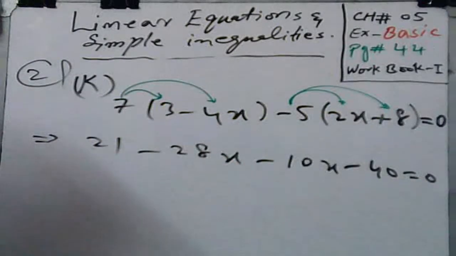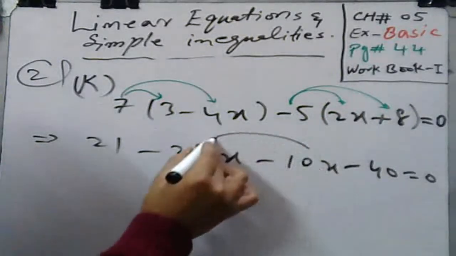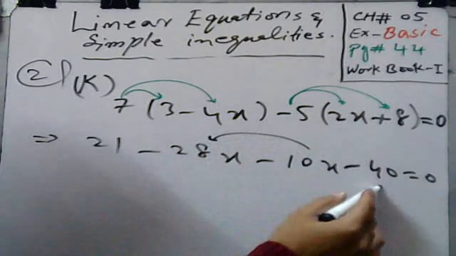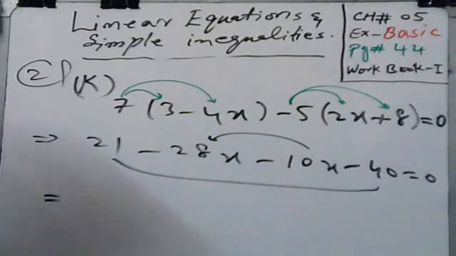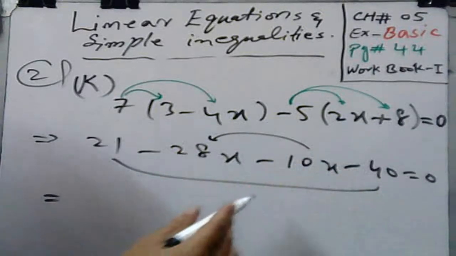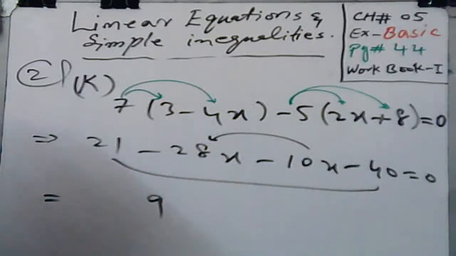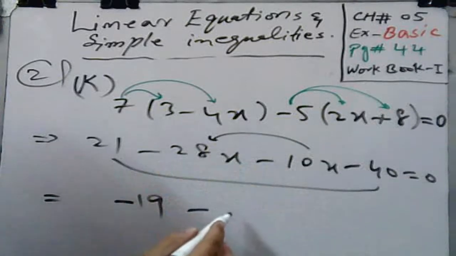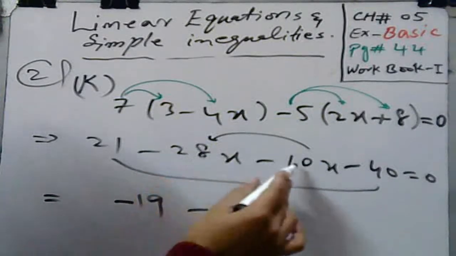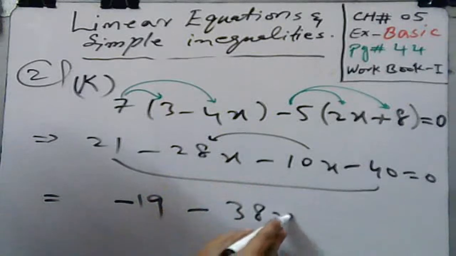So you will get this one. So homogeneous terms should be added, and constant terms, so you will get minus 40 plus 21, so minus 19 and minus 38x is equal to 0.